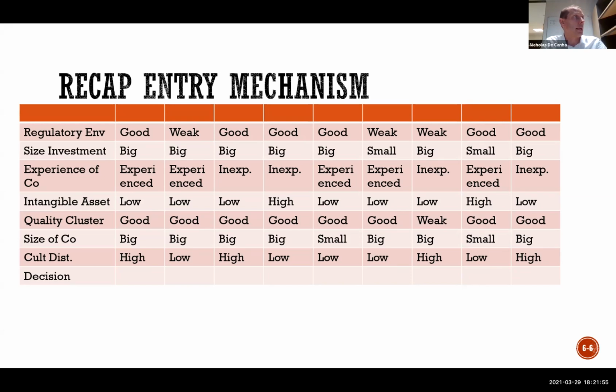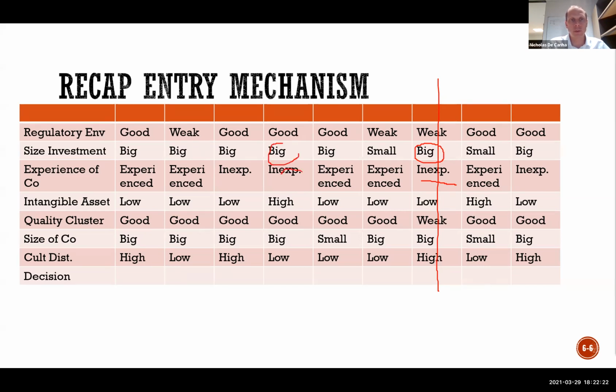And then we've got scenario 7, and let me just highlight that over here. Here again, you're inexperienced. So this is a real issue, right? Again, with a big investment, just as for 4.